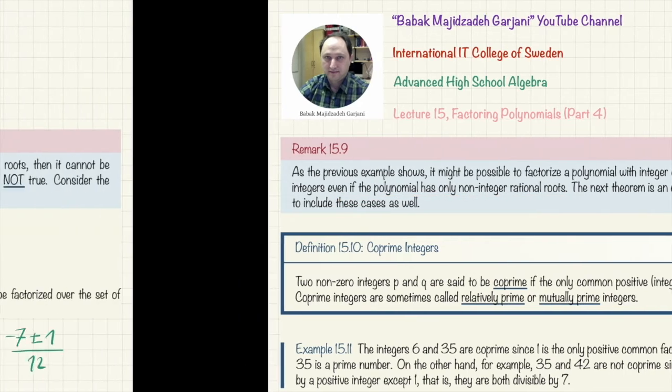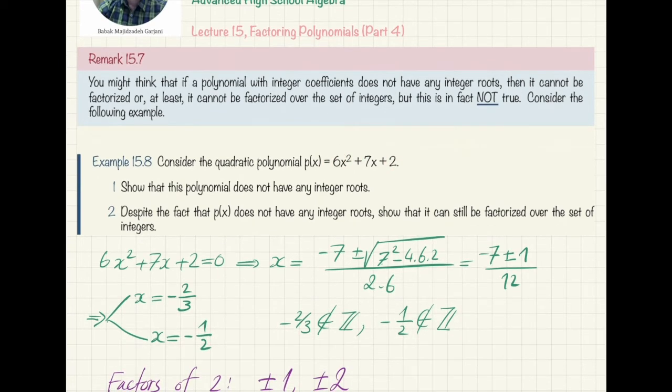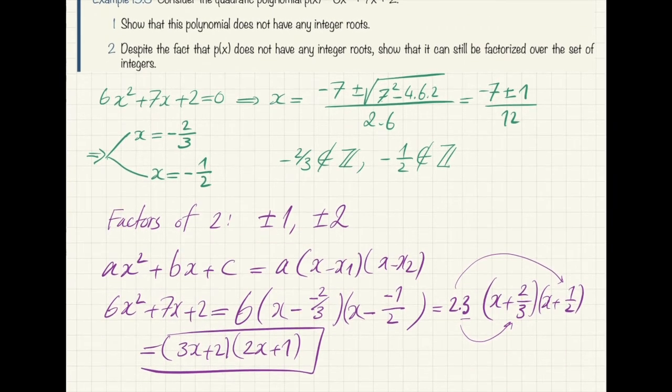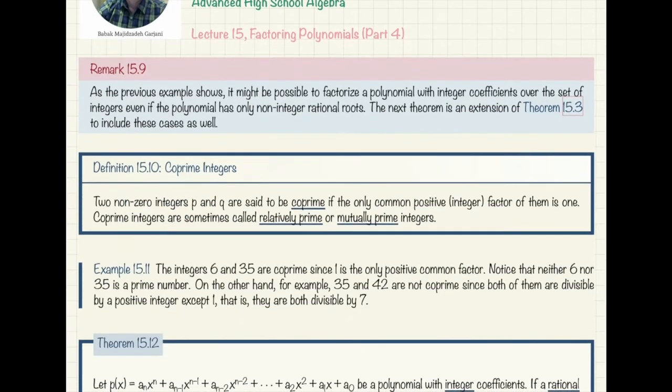You see, this was a polynomial with integer coefficients, and with rational numbers as the roots that are not integers. But still, we were able to factorize it over the set of integers because the numbers at the end are all integers.